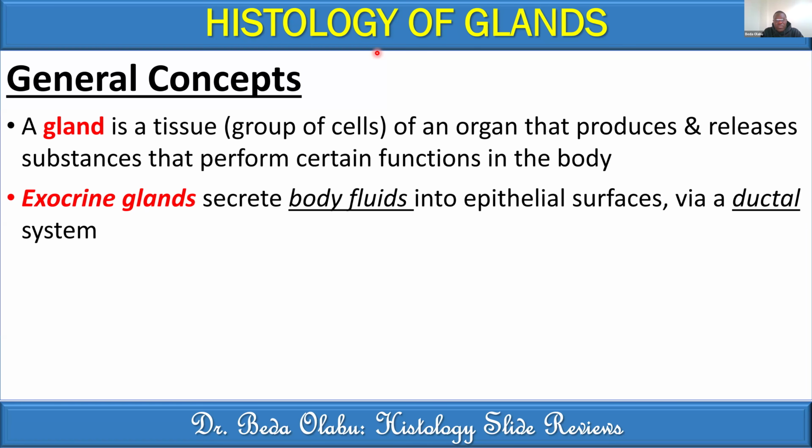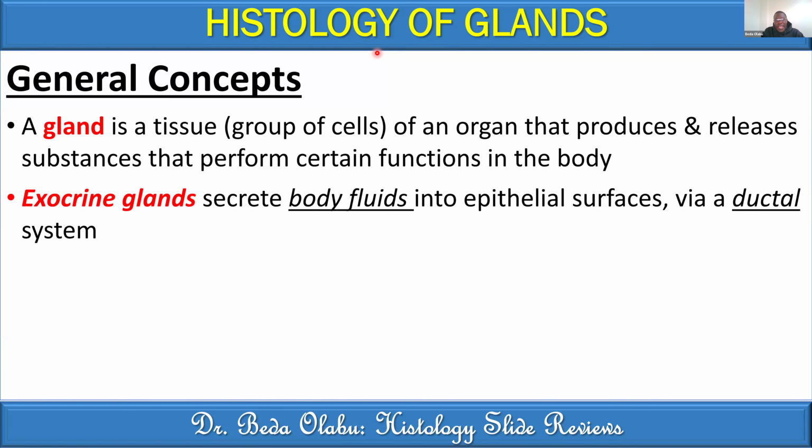And think about it. It could be an external epithelial surface, like the skin surface, like what sweat glands do, or it could be an internal epithelial surface, like what gastric glands do. They release their secretions through the gastric pits onto the surface of the stomach.